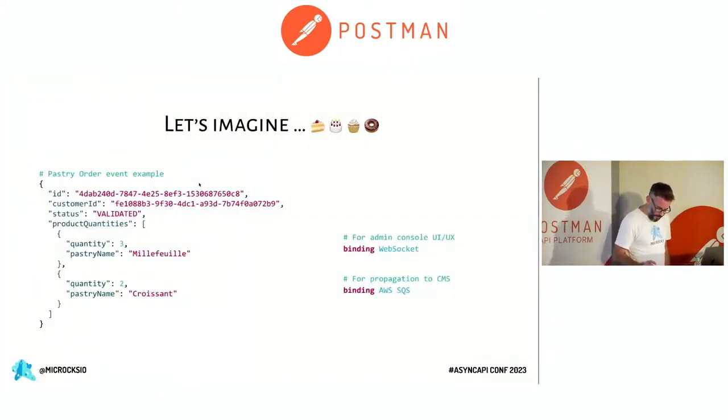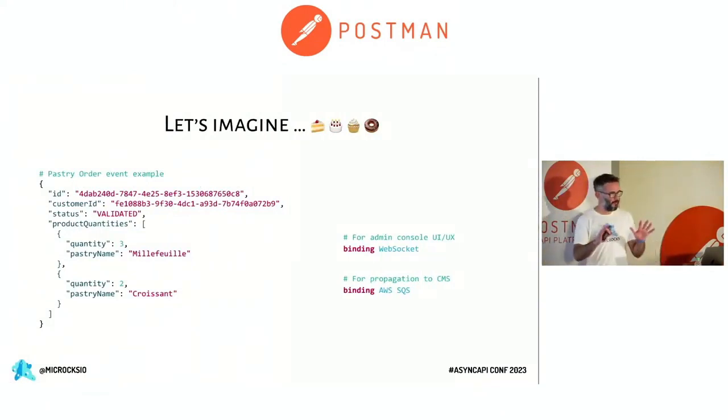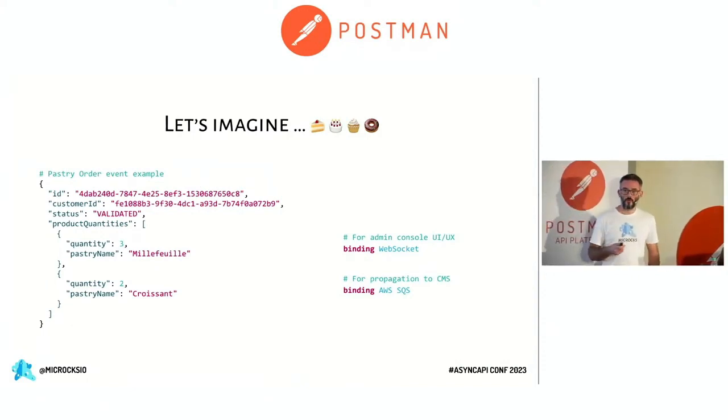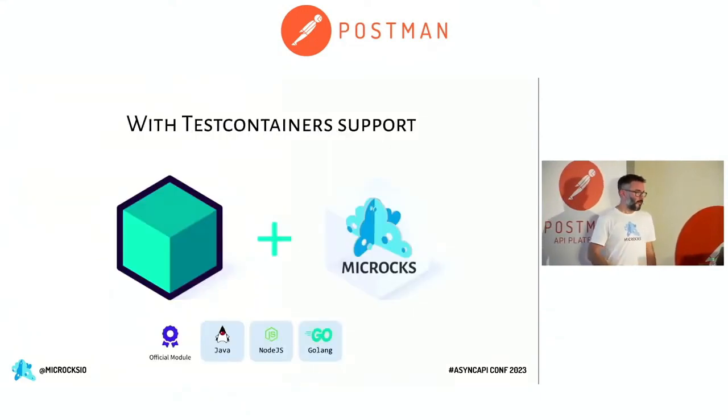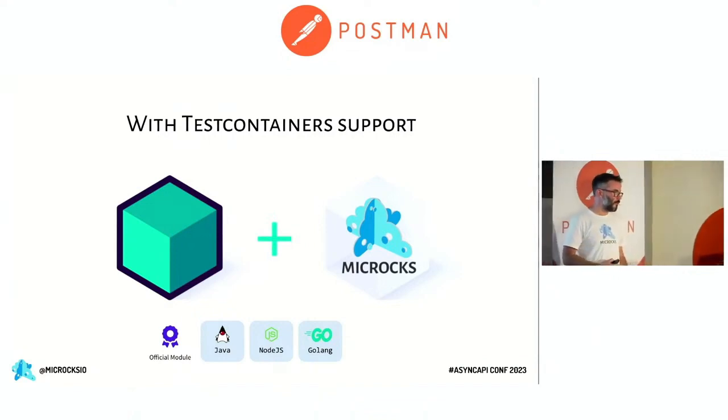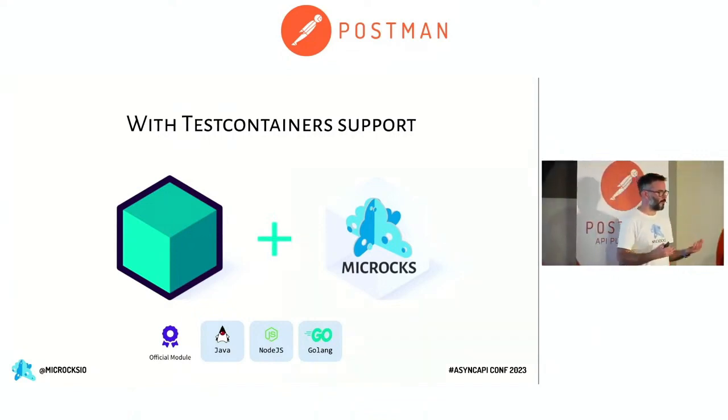Okay, so as you've seen here, we've used Microcks, let's say, very manually using the graphical user interface. There is also another way of using Microcks. You can embed it directly into your code, into your unit test, because we provide bindings with different languages through Testcontainers.